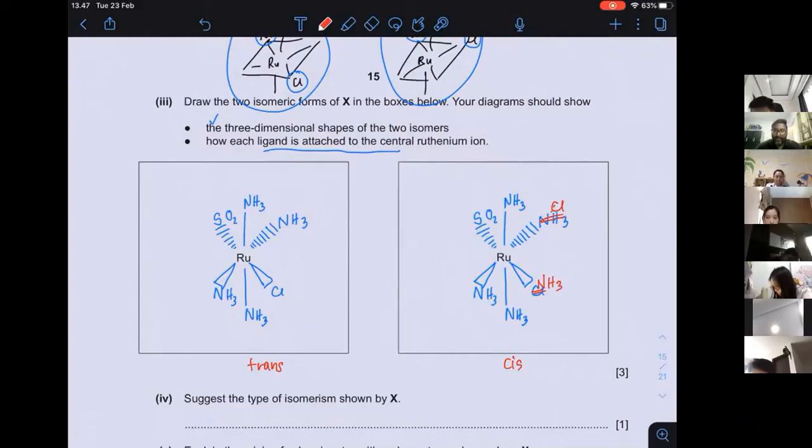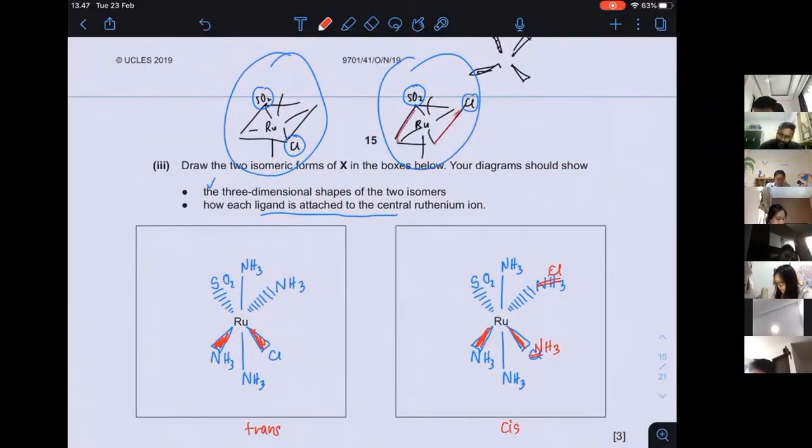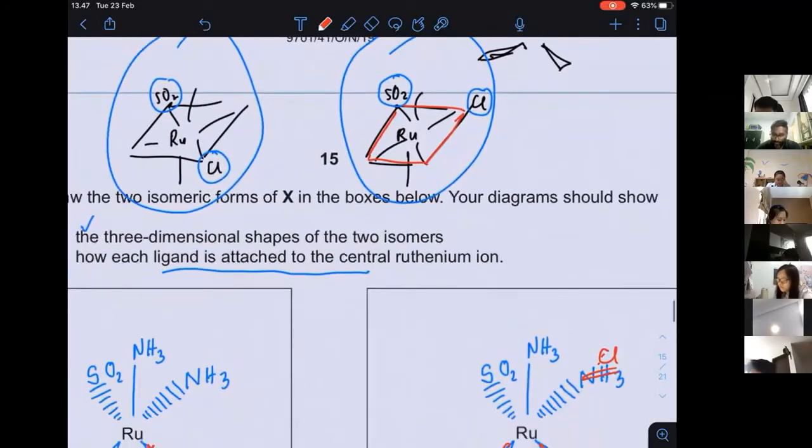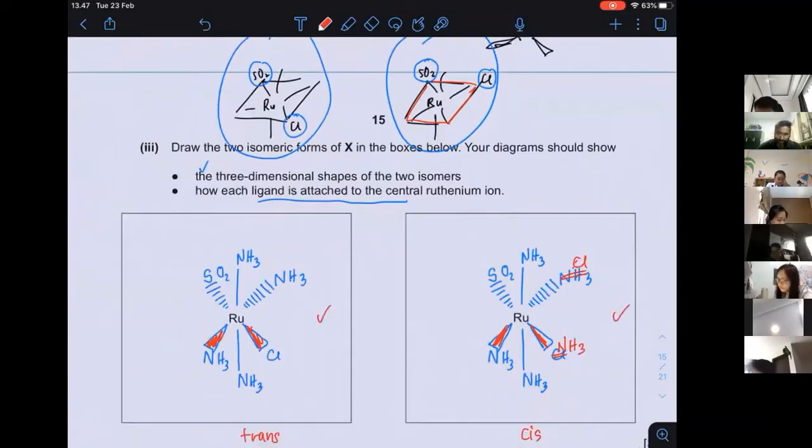Please be very careful with this. The important thing is how you show this. Some of you might ask, sir, do we need to show this? In this case, I don't see it drawn in the marking key, so please follow the one that I have drawn over here.